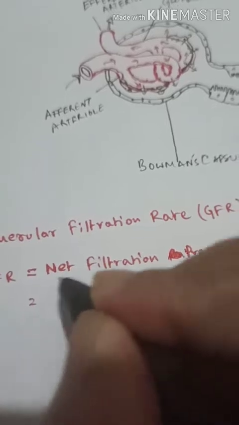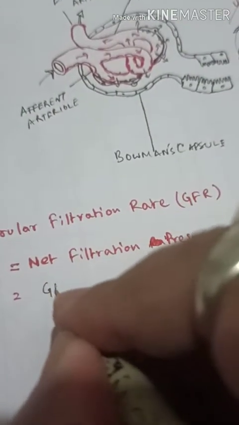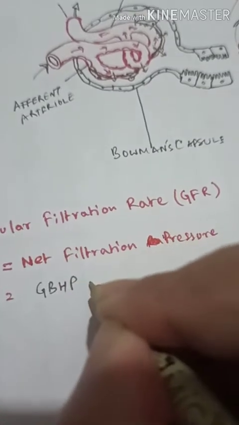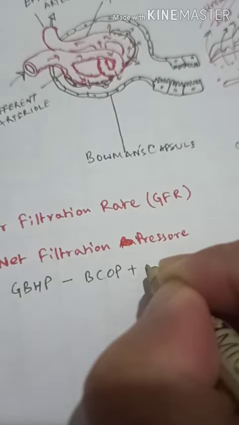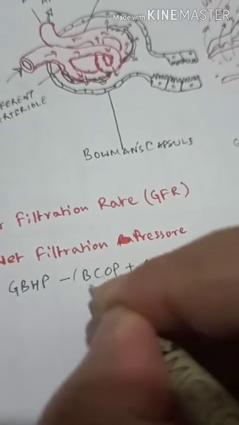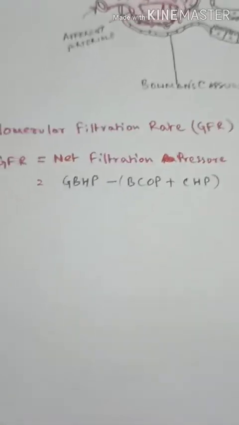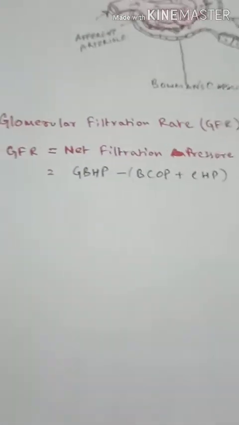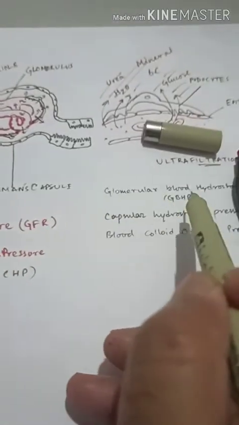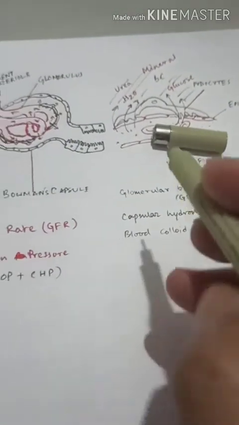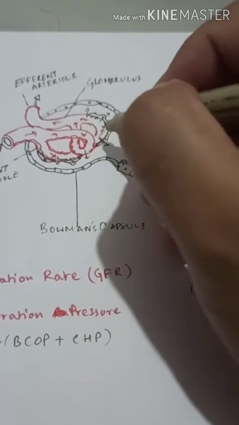So net filtration pressure is GBHP minus BCOP plus CHP. Now what does it mean? This means that the GBHP, the glomerular blood hydrostatic pressure, is making all those materials get into this particular chamber.